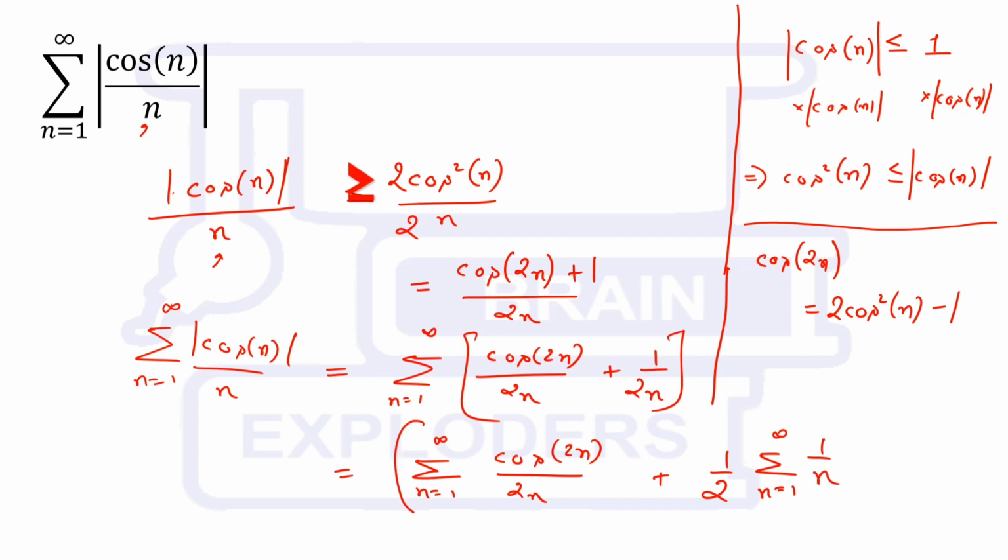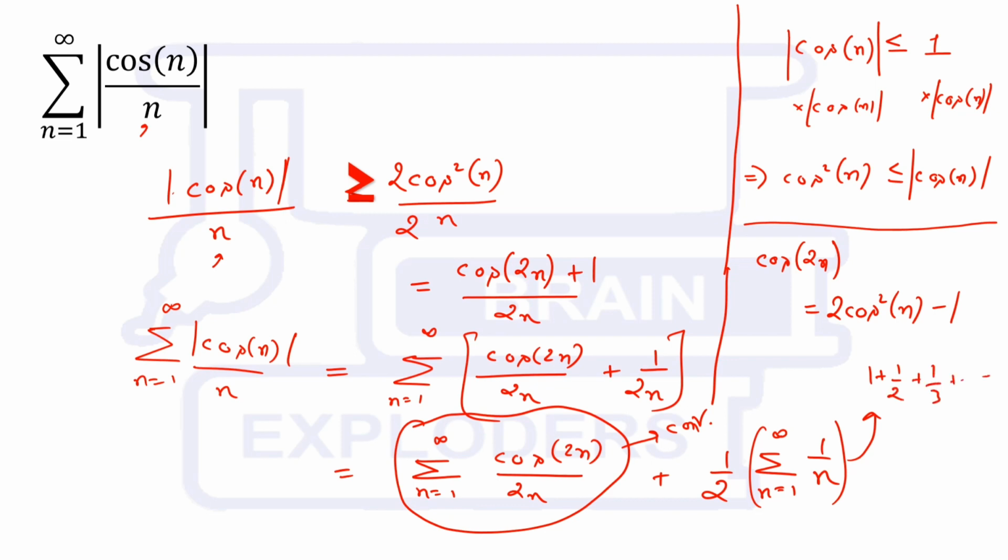Now this part can be proved to be convergent by the method we have just discussed for cos n upon n. And here this series, summation 1 over n from 1 to infinity, is 1 plus 1 by 2 plus 1 by 3 and so on, which is a divergent series.